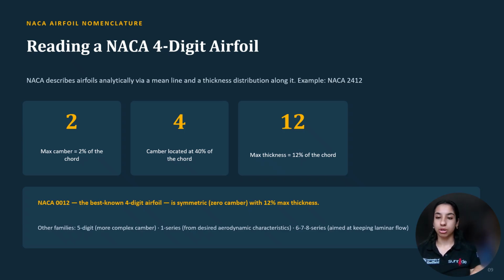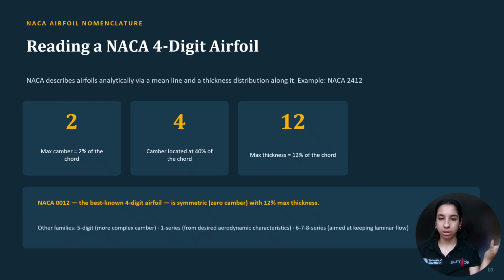NACA describes airfoils analytically via a mean line and a thickness distribution along it. For example, NACA 2412.